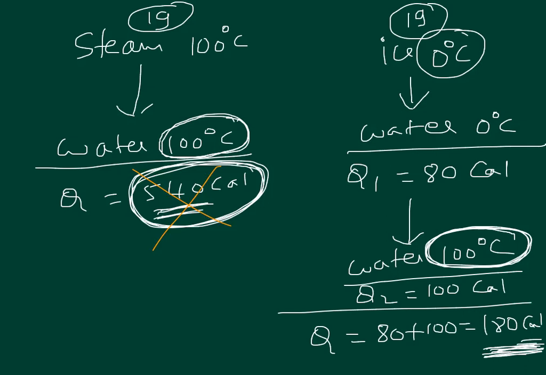So let me write it here instead. The formula is Q equals mL. Let us take that the total mass is not converting; some X mass is converting into water. Observe carefully, it is very tricky. I have taken 1 gram of steam at 100 degrees centigrade.